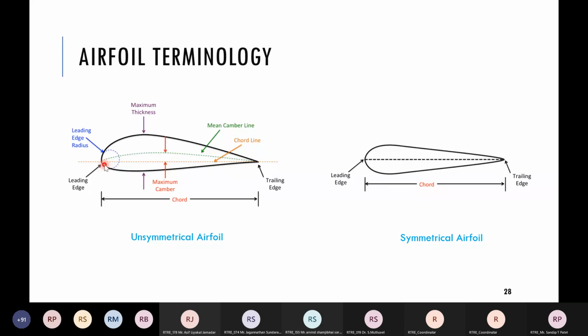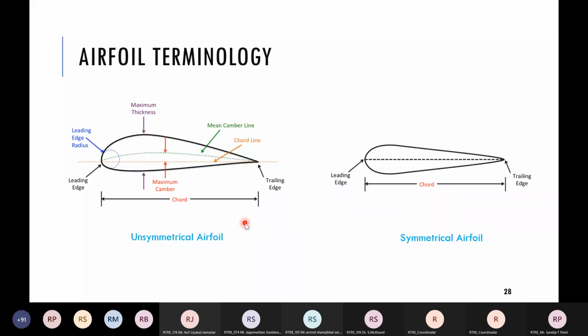If we draw a mean line joining leading edge and trailing edge, this green line is called the mean camber line. If we join leading edge and trailing edge with a straight line, that is called the chord line, and the length of that is called chord. So chord is one of the important parameters. There is another term called camber. Camber is the maximum difference between the chord line and the camber line. So here the maximum camber is depicted.